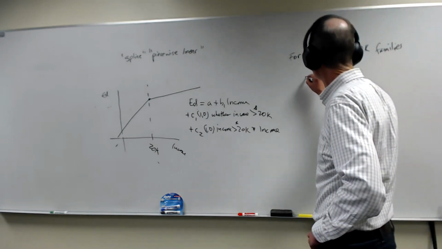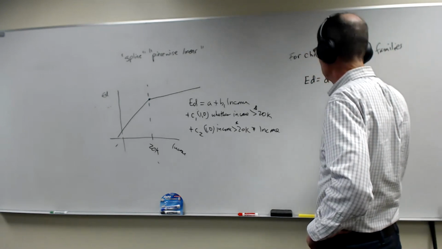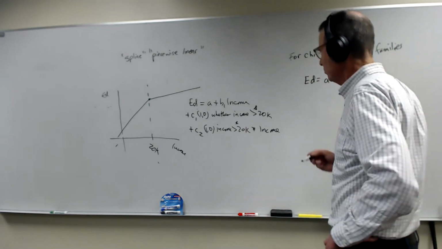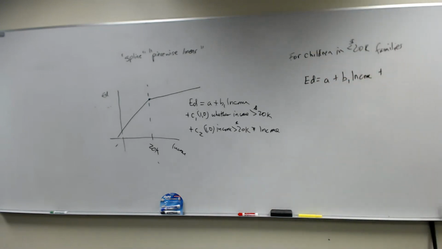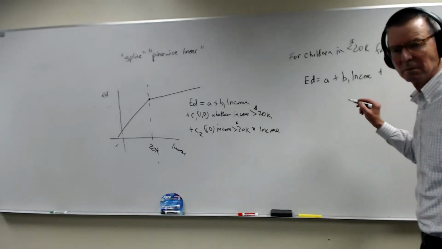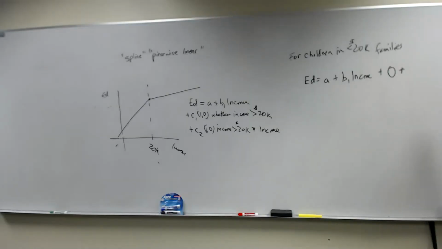Education, A plus B1 income plus, what's C1 times whether income is above 20,000? Would it be 0? Yes, exactly. And then what about the interaction of whether income is above 20,000? Same thing.